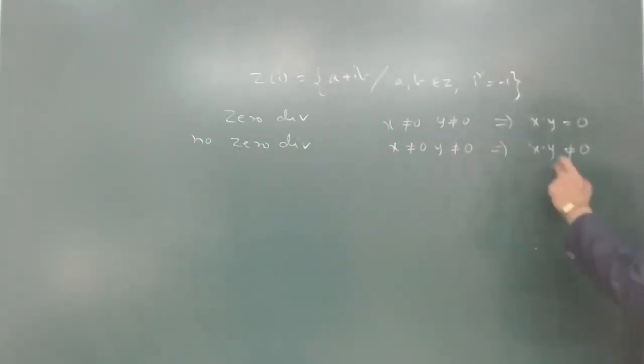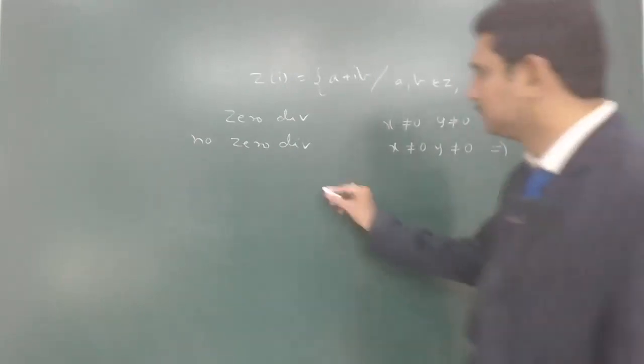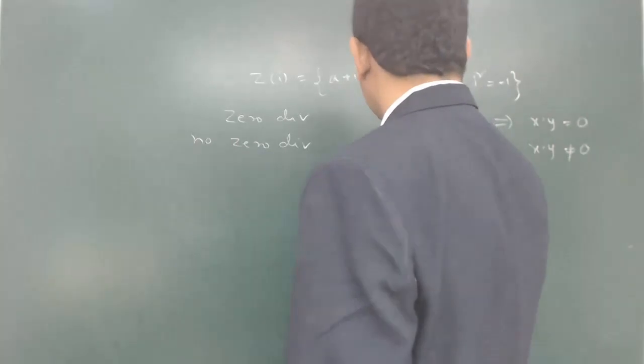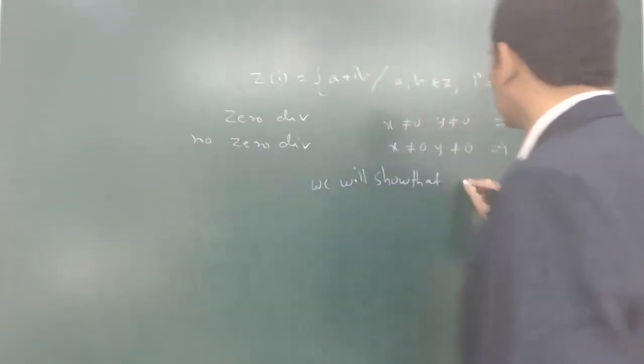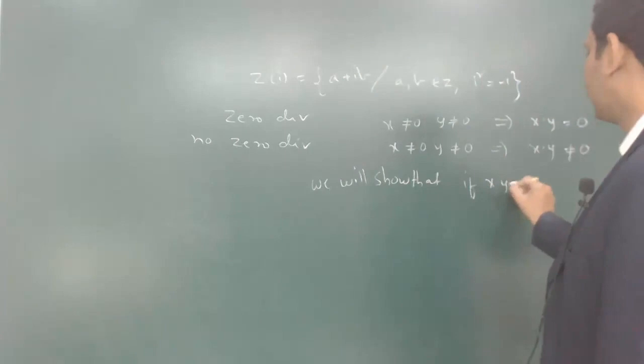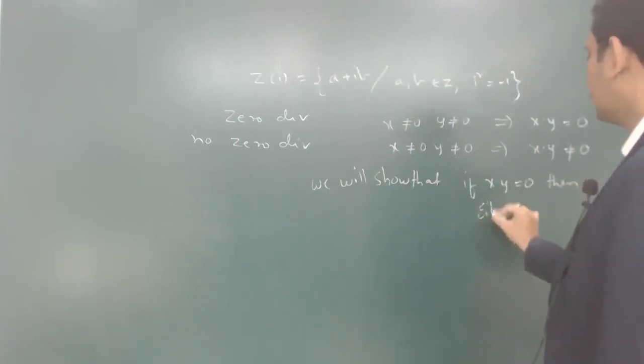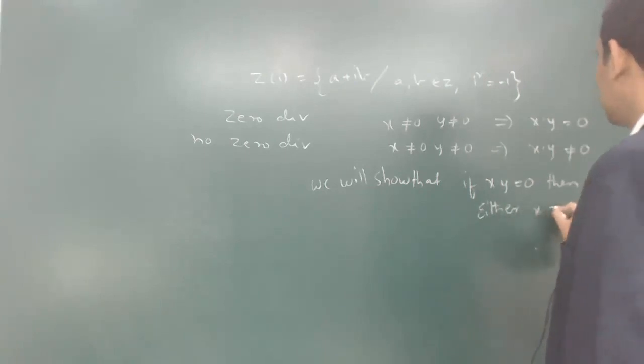So to prove this in a comfortable manner, we will show that if the product is 0, then either x is 0 or y is 0.